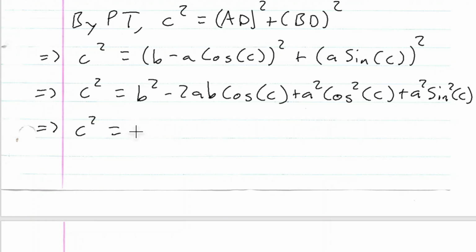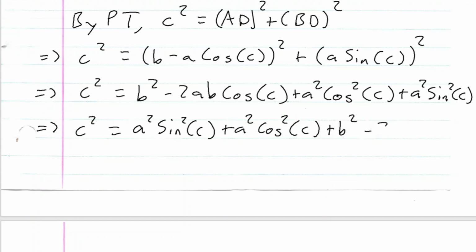So I can rewrite this as a squared times sine squared C plus a squared cosine squared C plus b squared minus 2ab cosine of C.